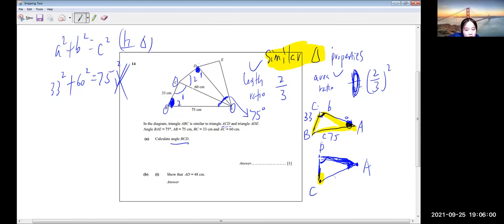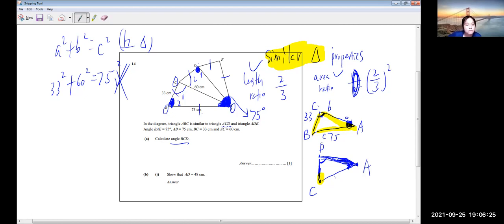Do we have enough information? Let me see, 75 is BAE, okay, the total here is 75. This is 1 side, 2 side, 3 side, 4 side, and 5 side.